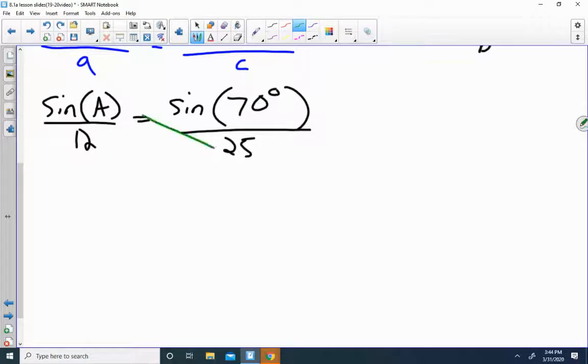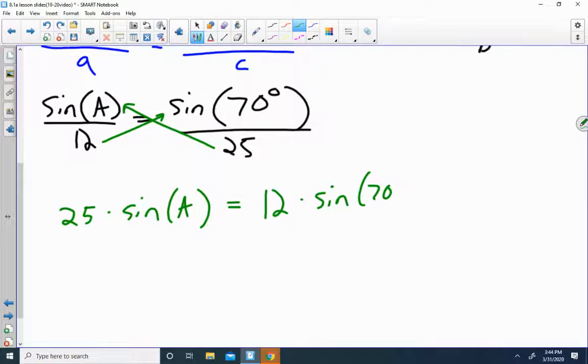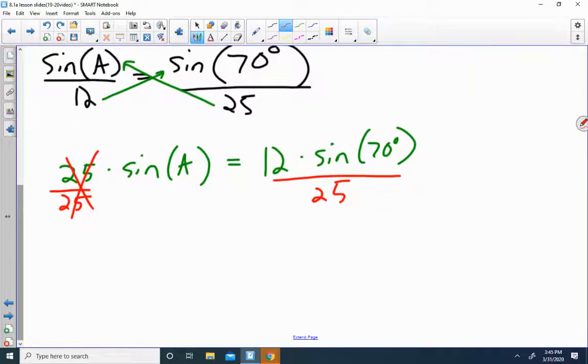All right, cross multiply first, you'll get 25 times sine of big A. Cross multiply here, 12 times sine of 70 degrees. And let's go ahead and do the easy stuff first. Let's go ahead and divide by 25 on both sides.